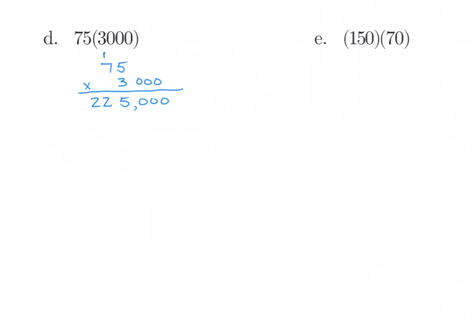Now, not only can we do this if one number ends in zeros, we can do this if both numbers end in zeros. So for this problem, what I want to do is I'm going to multiply 15 times 7. I'm going to keep track of my zeros on the right. If we go ahead and multiply 15 times 7, we get 7 times 5 is 35.